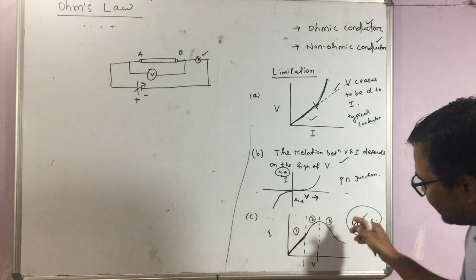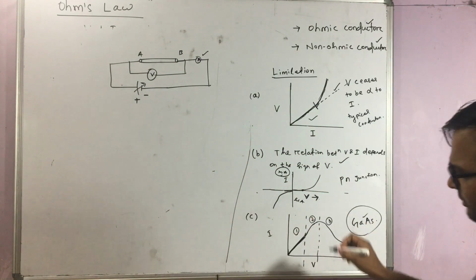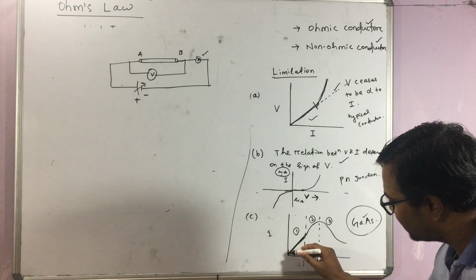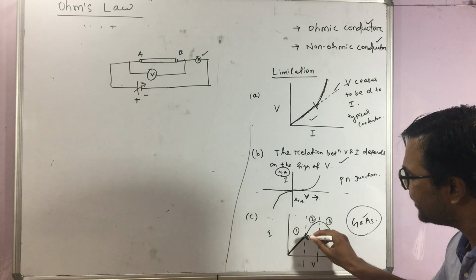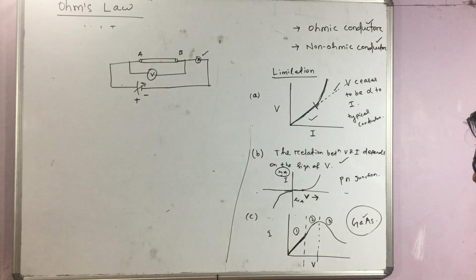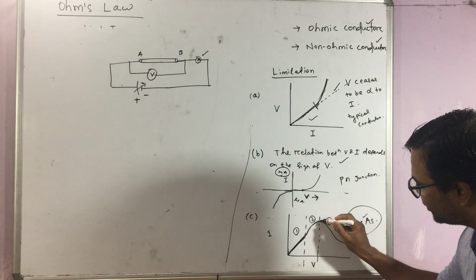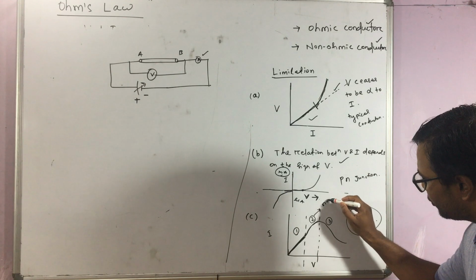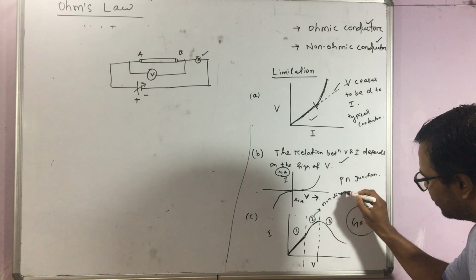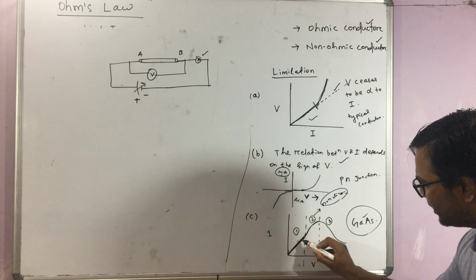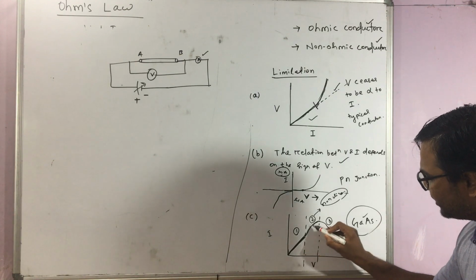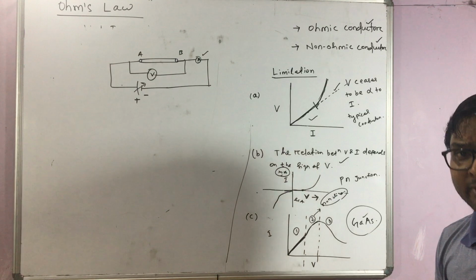What is the distinction between these parts? In part 1, you see the graph is almost linear. This is the region up to which Ohm's law is obeyed. The second region is your non-linear region. Non-linear region means here if you increase the value of V, the current is increasing, but the relation is not linear between them.